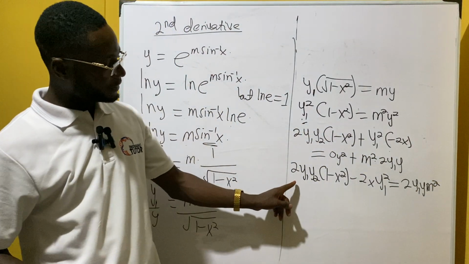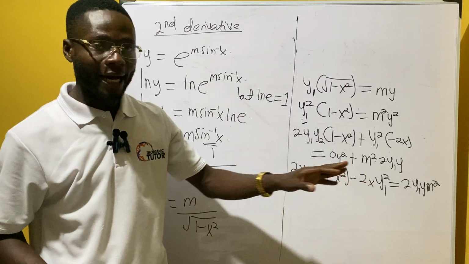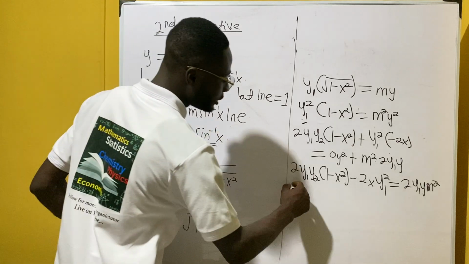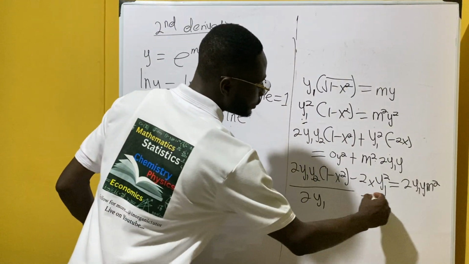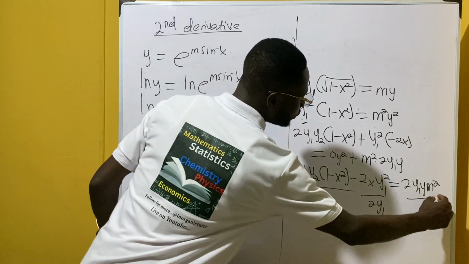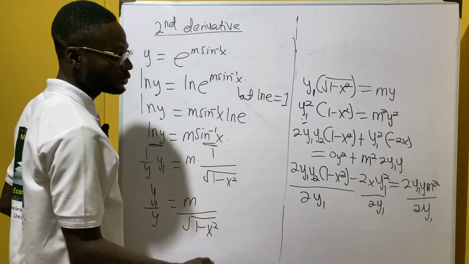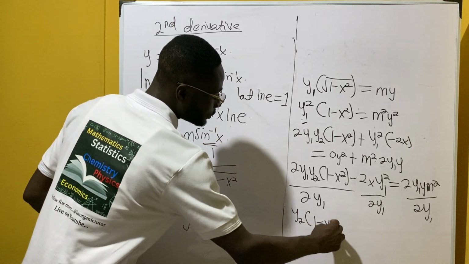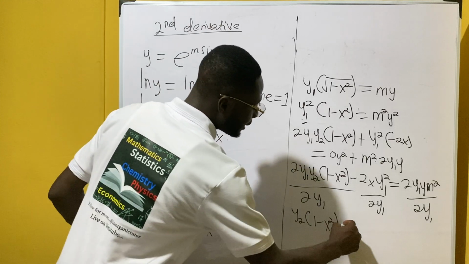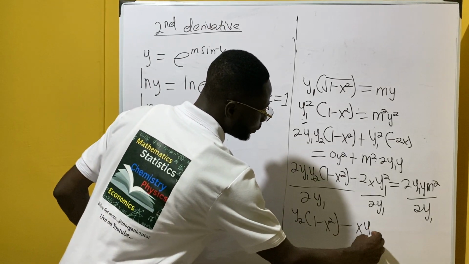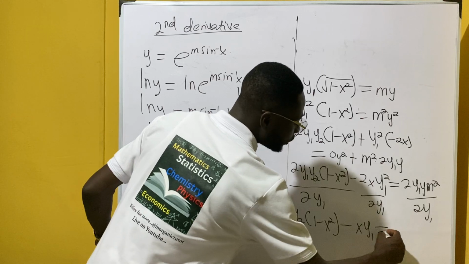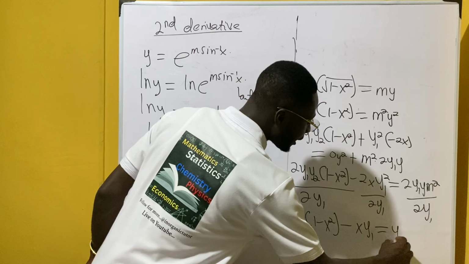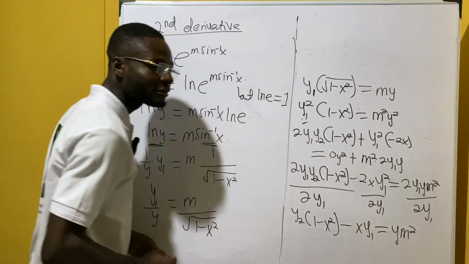So now we can see that 2y1 is common to all the items. So we divide through by 2y1. So we are going to have y2 into 1 minus x squared minus x y1 should be equal to m squared y.